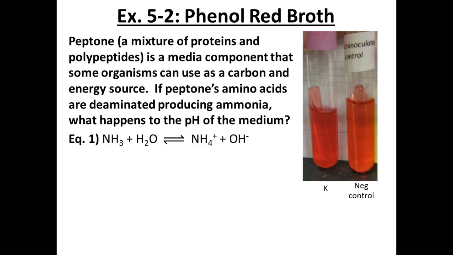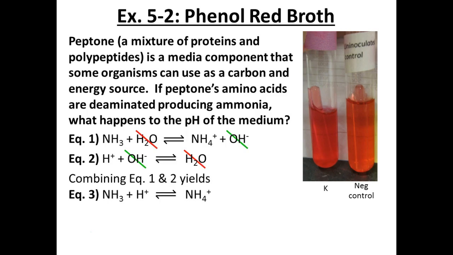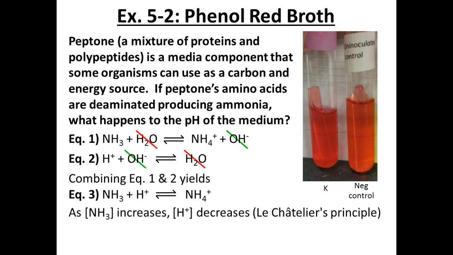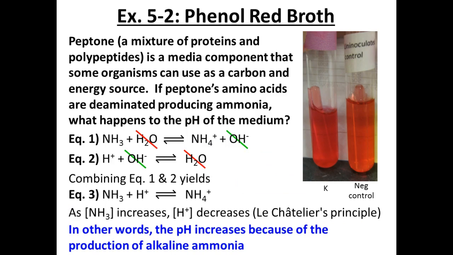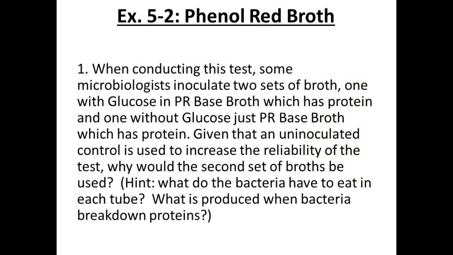It's a basic compound. It actually sucks up hydrogen ions, and hydrogen ions decrease the pH, making it acidic. Ammonia increases it. So, increased. Pink.